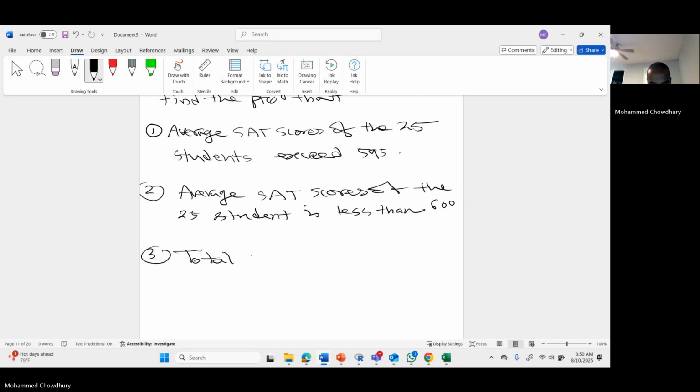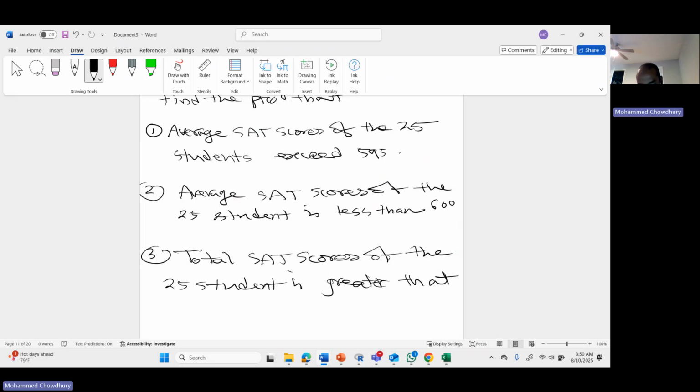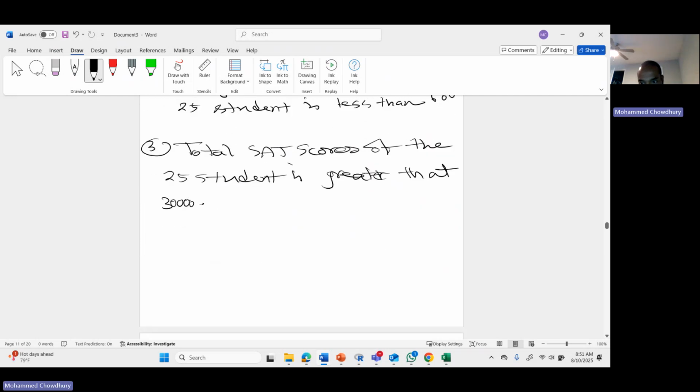Number three, the total SAT score of the 25 students is greater than 30,000.